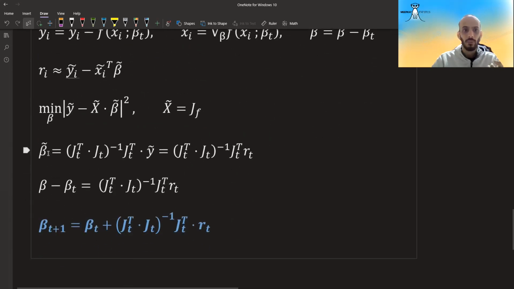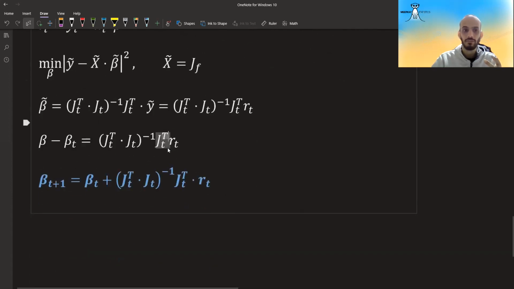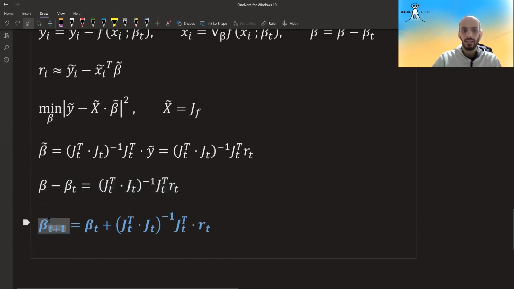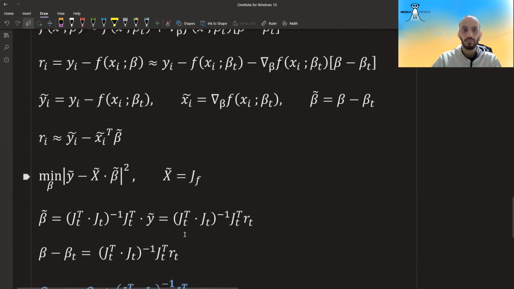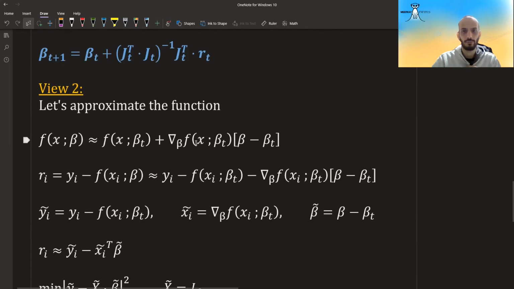And what is this beta tilde? It's just beta minus beta at time step t. So we get this expression over here. And if we take this to the other side and we say, okay, each iteration of this algorithm improves and gets us closer to the real beta, then we get, again, this same formula as before. You can see this is exactly the same formula as before.